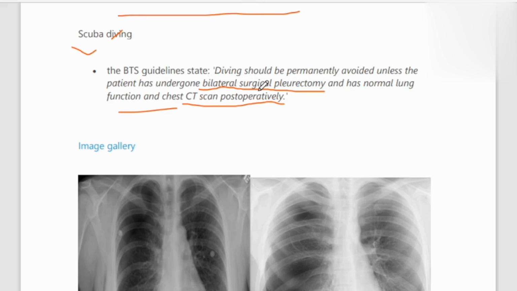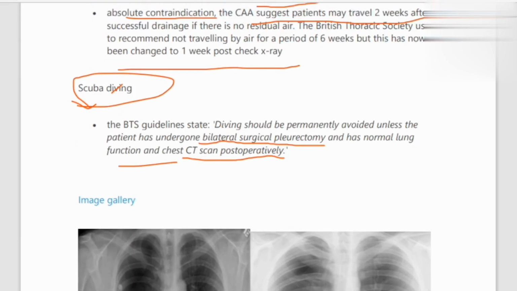Otherwise, there is fitness to fly. The absolute contraindication was not to travel for more than 2 weeks, but now it is recommended 1 week post chest x-ray.